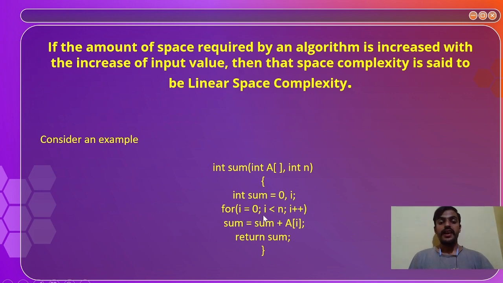For i is equal to 0, i is less than n, i plus plus, sum is equal to sum plus a[i], return sum. So this function will return the total summation of every value stored in this array. So here the space complexity for sum is what we call constant.